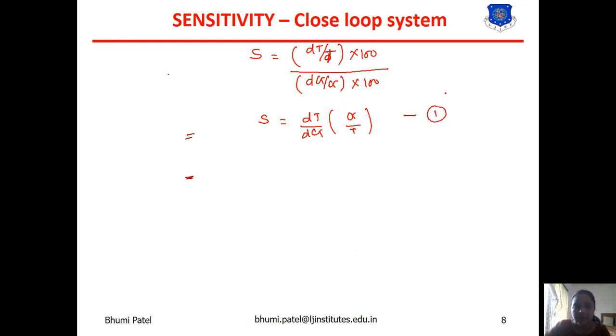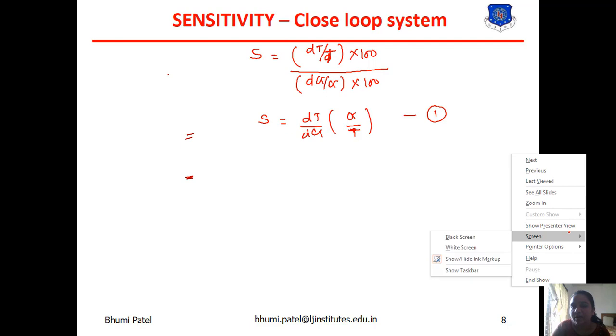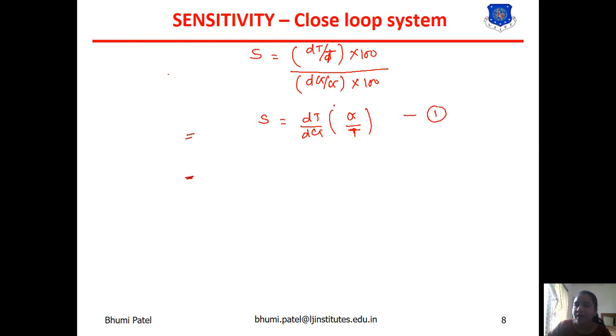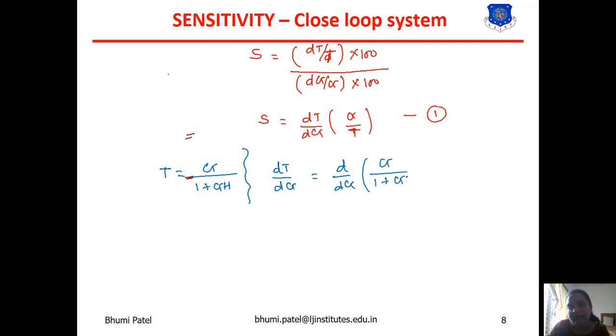Now we have the value of T. T is the transfer function of this closed loop system. First of all we have to differentiate T, dT by dG, where T is equal to G upon 1 plus GH. So differentiating T with respect to G, we can write d by dG in bracket G upon 1 plus GH.